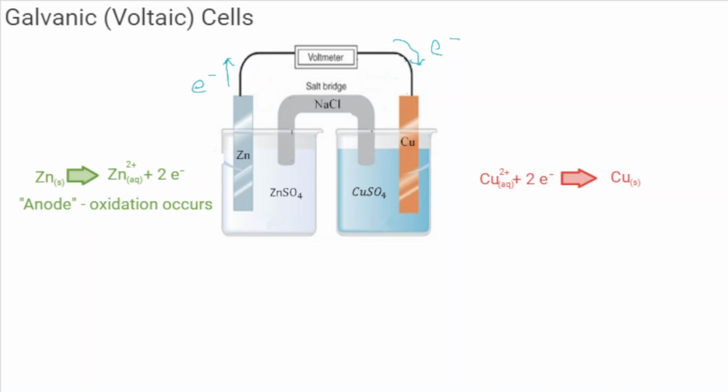Now, how do we figure out that this is actually copper 2 plus? Well, we have copper sulfate, and for copper sulfate, we can simply look at the oxidation numbers. You may recognize SO4 as being a polyatomic ion, and that polyatomic ion has a -2 charge overall.